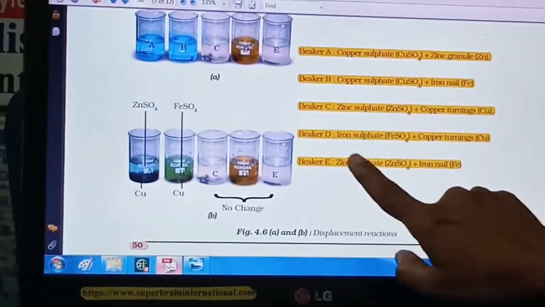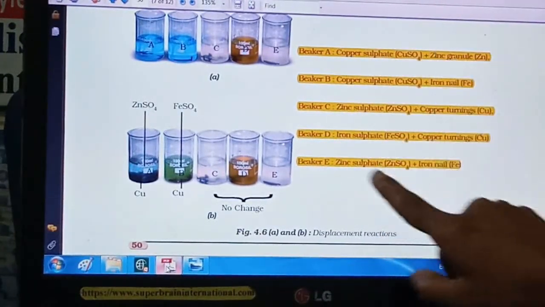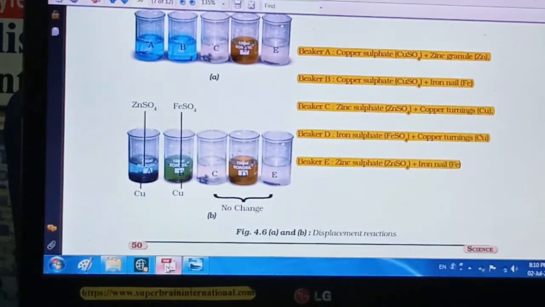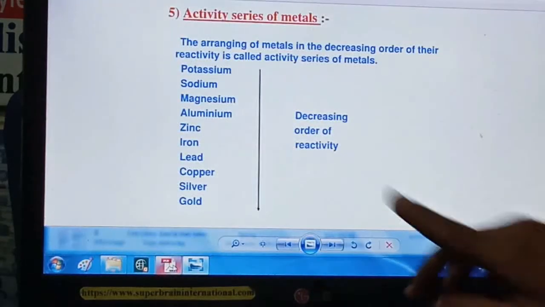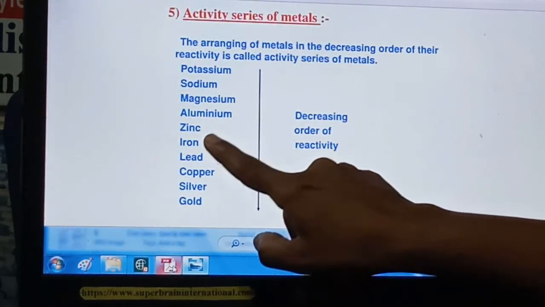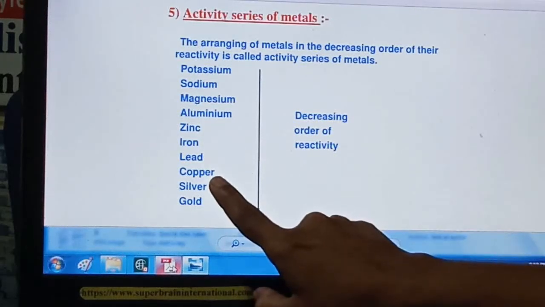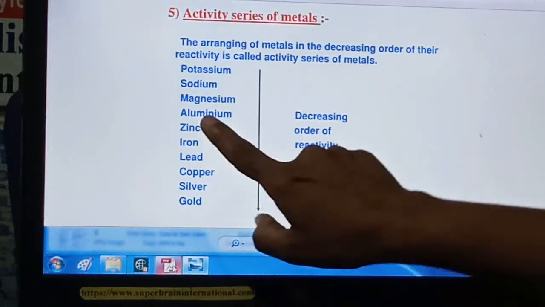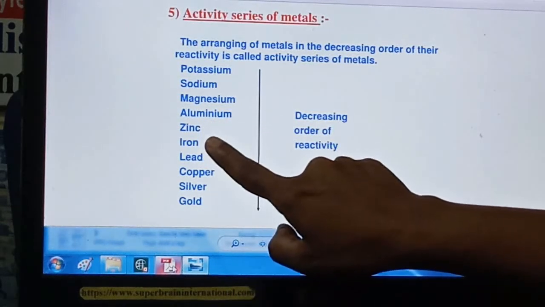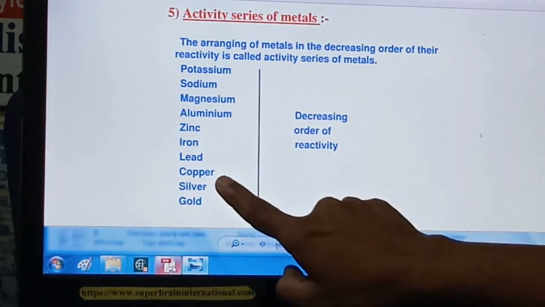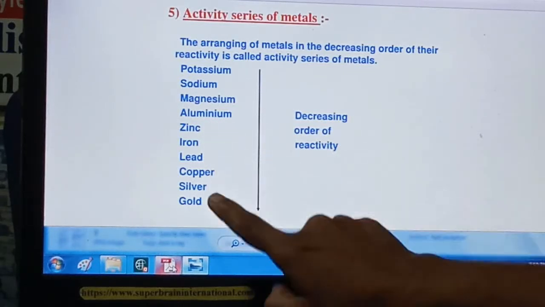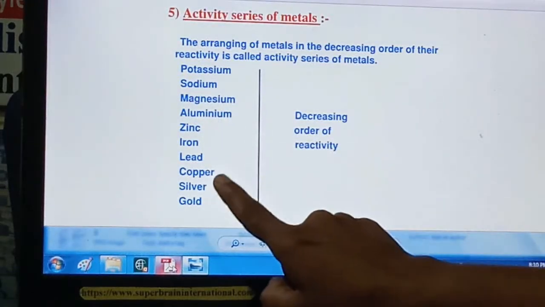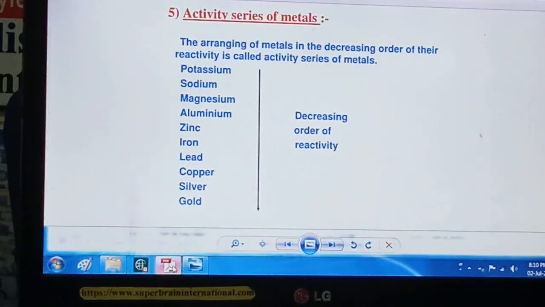Other than that, no other metal is there. Once again, see the reactivity: zinc is the topmost, below that the iron, and copper is below that. So among these three, the strongest is zinc, the second is iron, and the third is copper. Just remember this, and then you will understand the reaction.